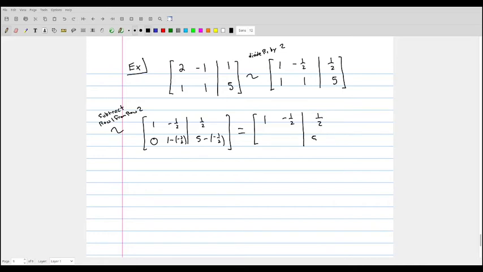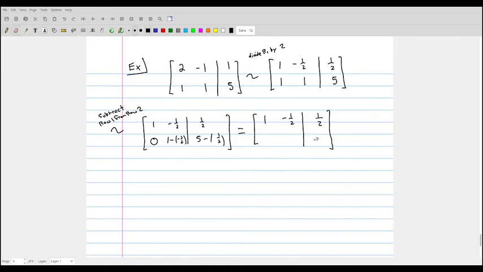Oh, and sorry, this is not minus negative 1/2, it's just minus positive 1/2. I put a negative sign in there when I wasn't supposed to. It's 1 minus negative 1/2, which is this right here, and 5 minus positive 1/2, which is 9 halves.